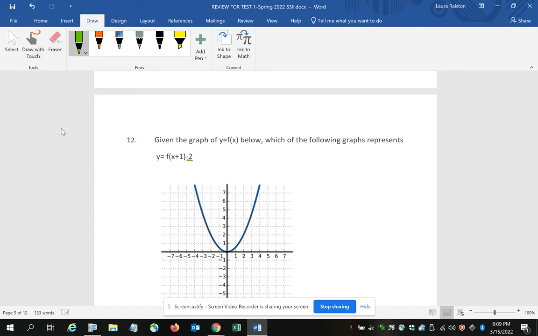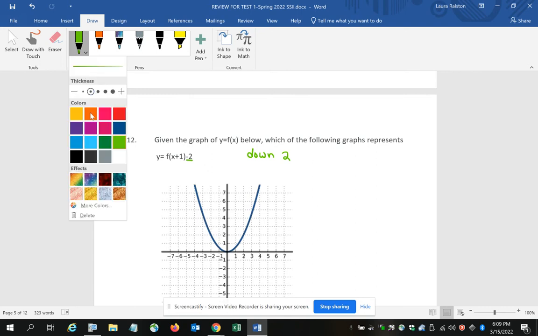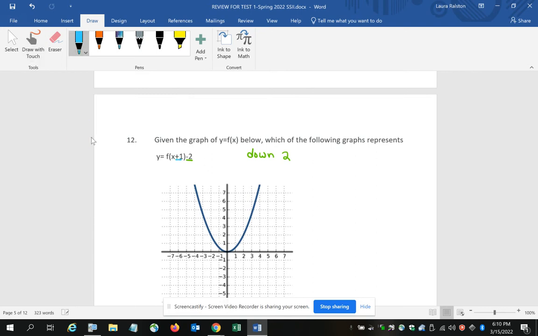In this case, the minus 2 at the end tells me I want to go down 2. The 1 inside the parentheses with the x tells me I want to go left 1 unit.